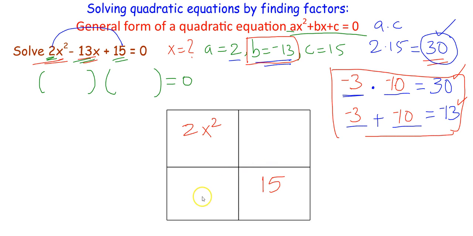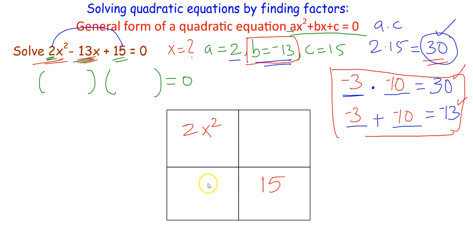Now, in the second and third boxes, we have to fill in those two numbers which when added must give you this 13x only, because that's what we need here. Already we have taken 2x square and 15, leaving behind negative 13. So where do you have to write negative 13x?